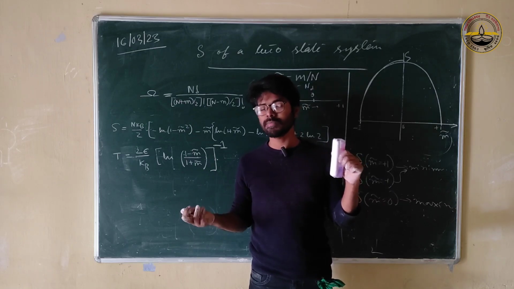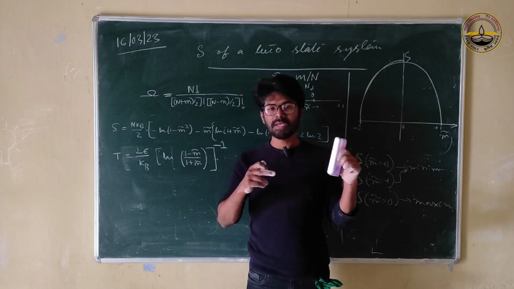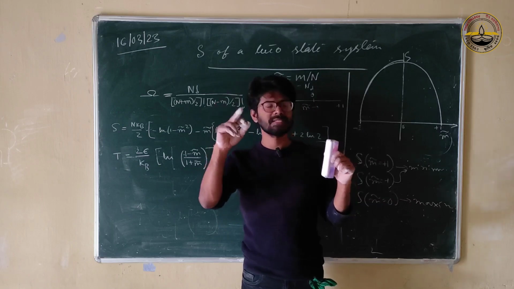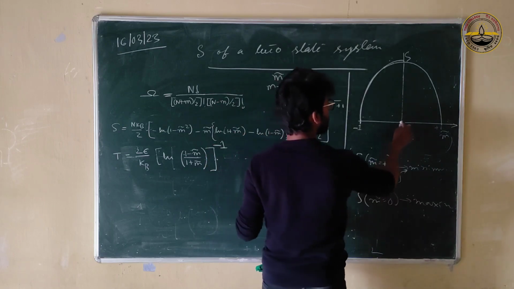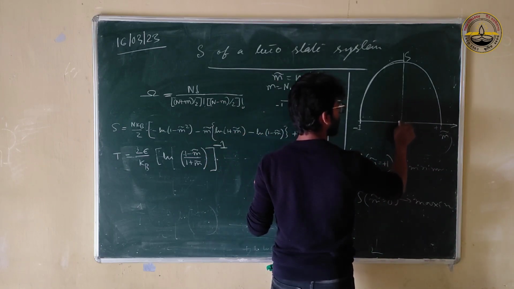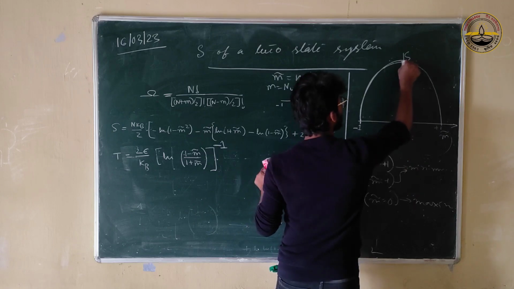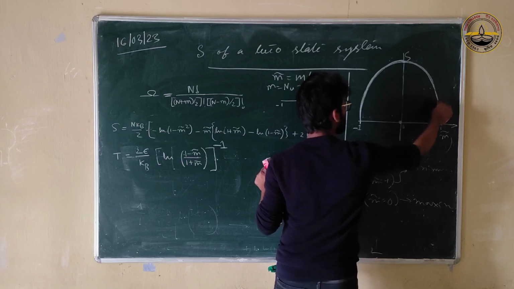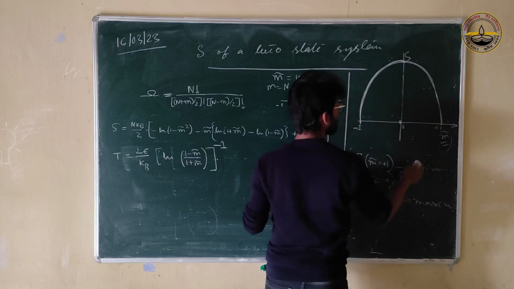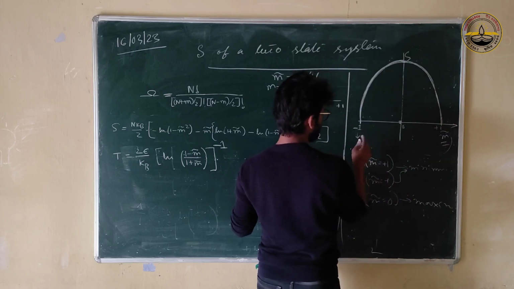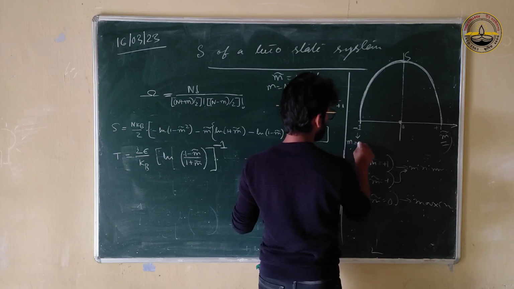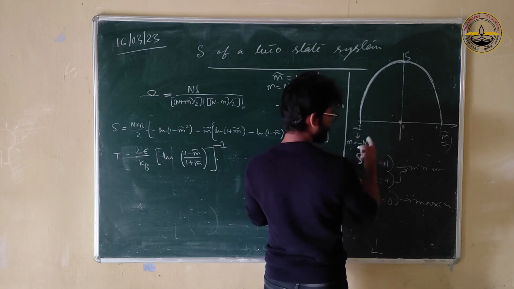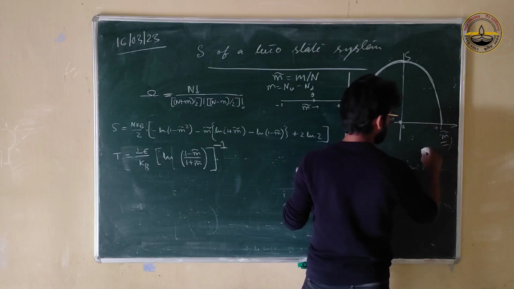So again, entropy has to be zero, and that means it has to pass through a maxima, which is when half of the particles are pointing up, half of the particles are pointing down. So the entropy curve as a function of m tilde looks like this. This -1, remember, means m equal to minus n. N is the total number of spins. And +1 means m equal to n.